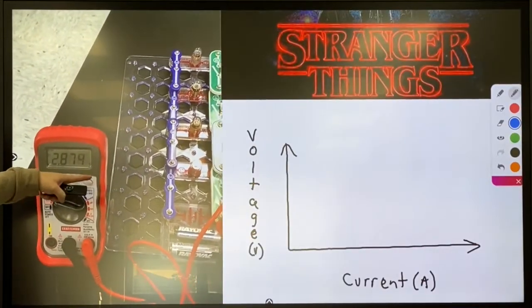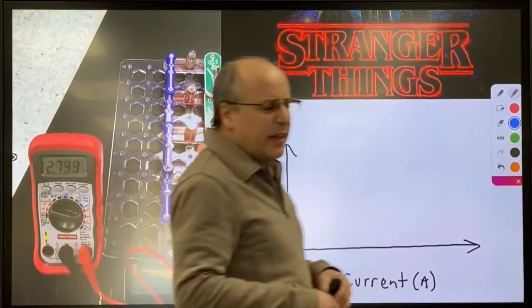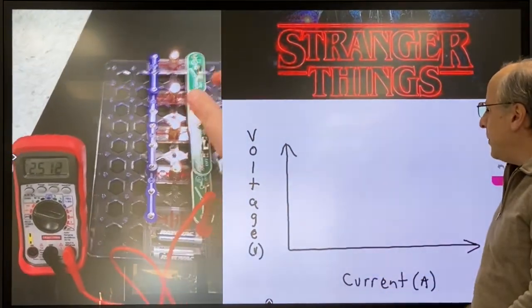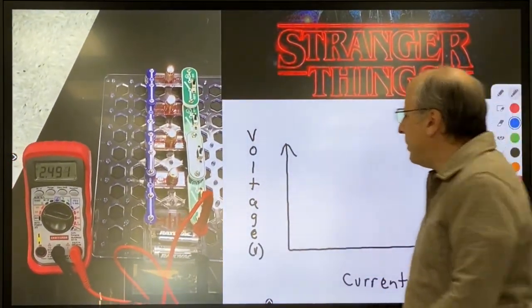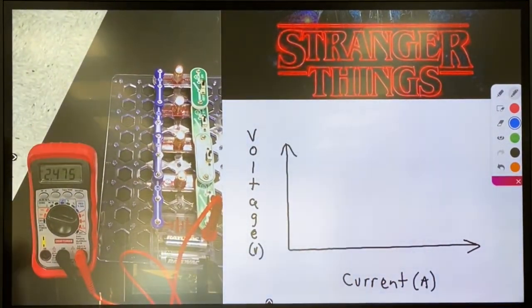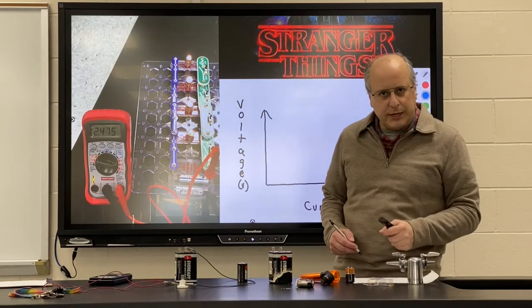When I turn on the first light bulb, it's still 3 volts, kind of. It's 2.9, it rounds to 3. But when I start turning on more and more light bulbs, every time I add a light bulb, you can see how the voltage decreases a little bit. By the time I got all 4 light bulbs hooked up, we're only at about 2.5 volts. Something is going on that we did not account for last year.